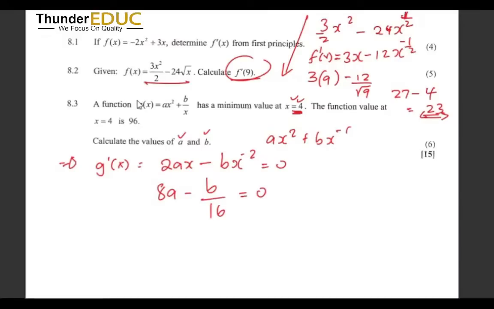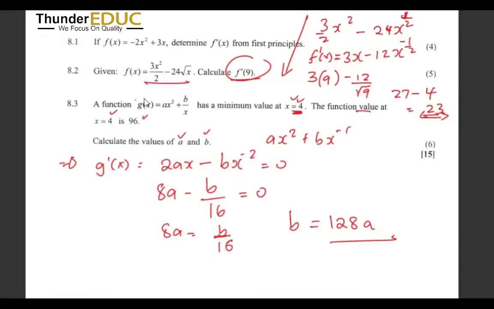Let's move the b that side, b over 16. Multiply either sides by 16. So we know that 16 times 8 gives us 128. So this is going to be b equals 128a. Then I come to the second condition, that the value of the function at x is this.